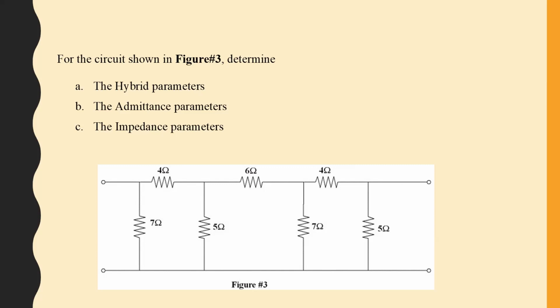Oh, sorry, I skipped Mr. Morgan. Mr. Morgan, talk to us. Go ahead, Mr. Morgan. For me, sir, we already see you have the 7 and the 5 in parallel on both sides, sir.